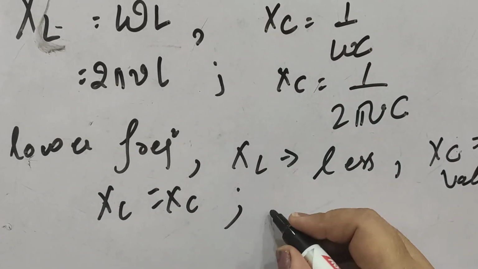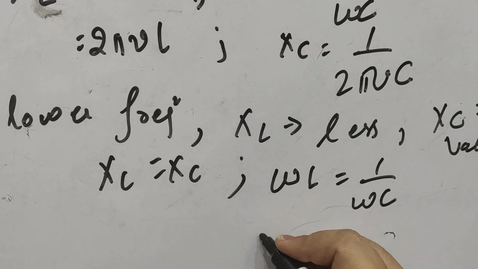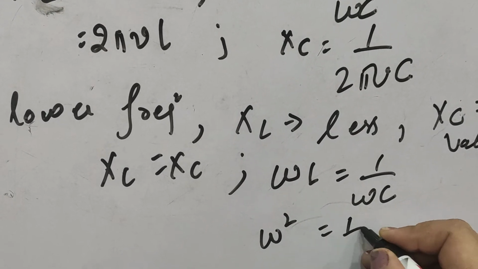In that case, we can write omega L is equal to 1 upon omega C, or omega square is 1 upon LC.